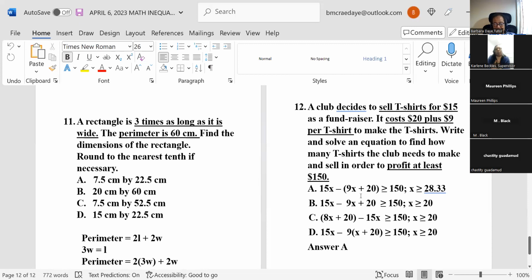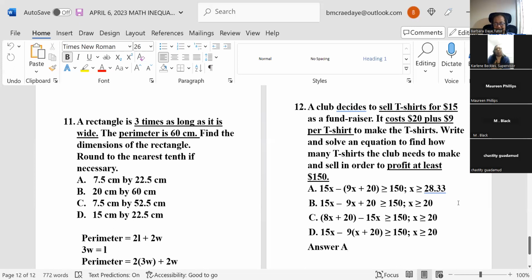Because A says $9 per shirt and then the $20 fixed. That's what's subtracted from what you sell them for, and that has to be greater than or equal to 150. If you solve that for X, you'll get 28.33, because that minus applies to the 9X and to the 20. So the minus 20 is added to the 150, which is 170. Six divided into 170 gives you $28.33.